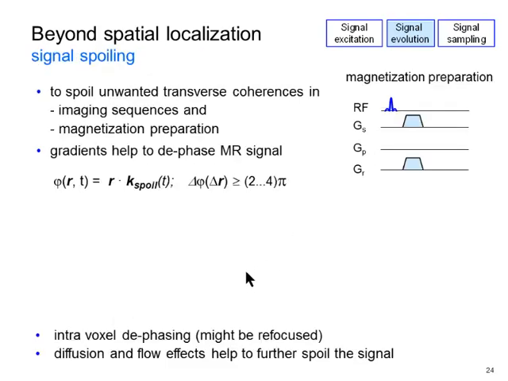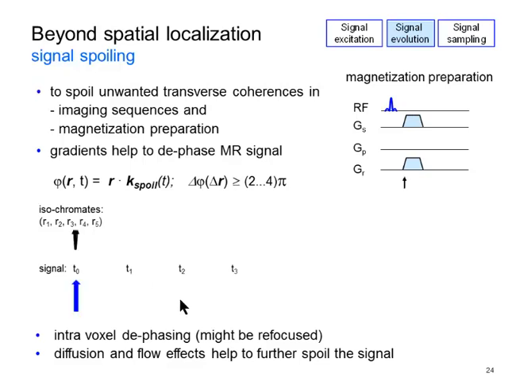And all of us know that we have many situations in our MR life where we have to get rid of signal. So this is especially in spoiling transverse coherences within steady state free precession sequences or other types of sequences, or in the magnetization preparation. And here gradients are very much of help.